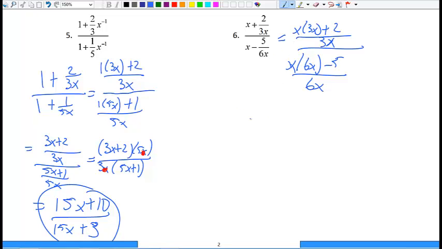And then I'm going to distribute, or multiply, and then there's no real combining like terms I can see. So that'll give me 3x squared plus 2x all over 3x divided by 6x squared minus 5.